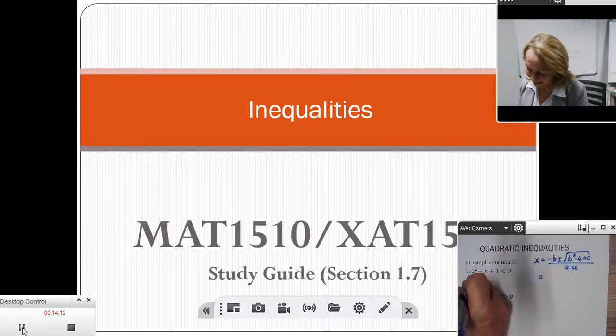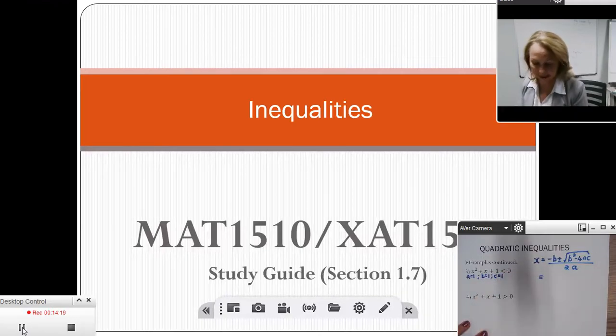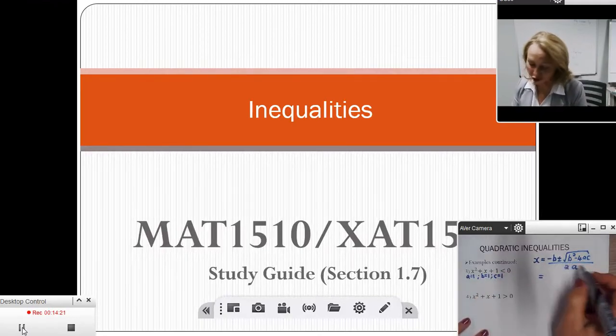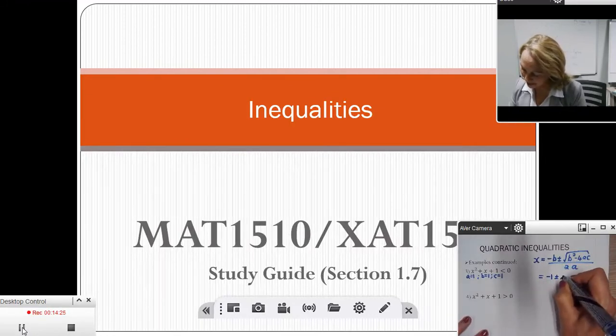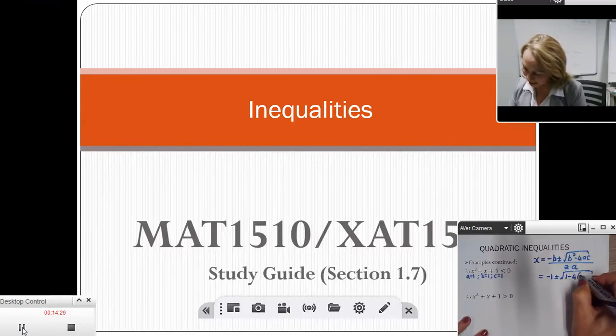In this case, my a is 1, my b is 1, the coefficient of x, and my constant is 1. Substituting this into the quadratic formula, we get minus 1 plus minus the square root of 1 squared is 1, a is 1, and c is 1, all over 2 times 1.